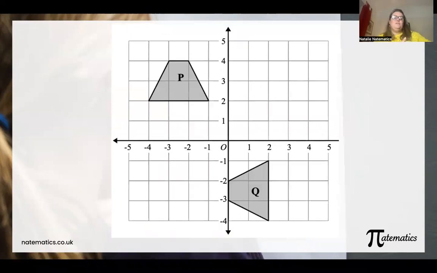Okay, what's happened to this one? Can you see? Is it enlargement? No. Is it a translation? No. Is it a reflection? No. It's a rotation. Now, what I'm going to show you is a little tip for this. When I'm doing this with a person side by side, what I say is you get some tracing paper.